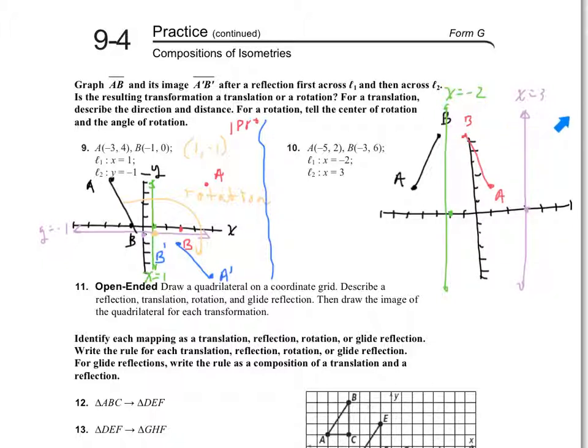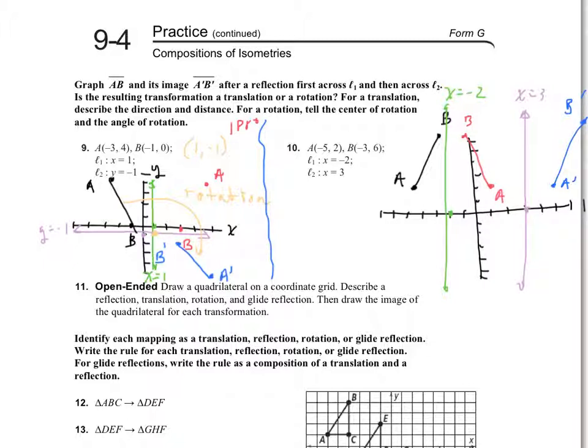So we want to go 4 on the other side. So 4 on the other side is going to put my B prime right there. And then A is 2 away, so we want to go 2 away on the other side. And so there is my A prime.